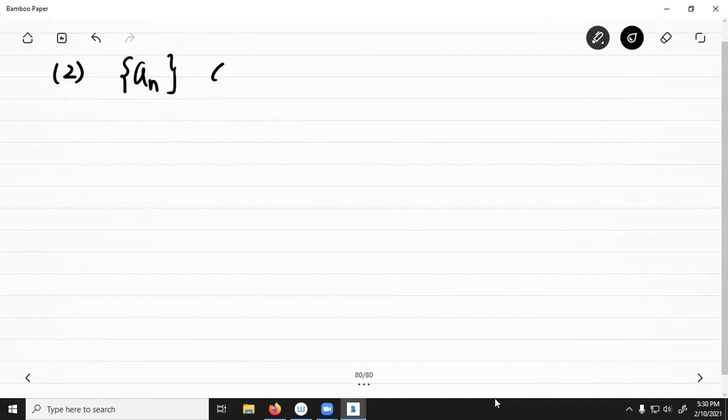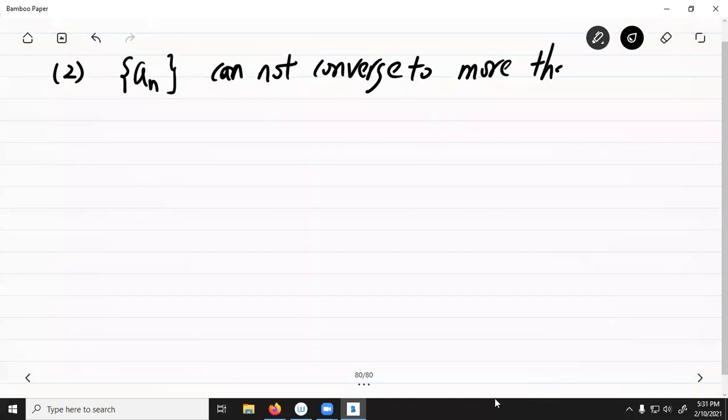So the sequence cannot converge to more than one point. Otherwise, it is not convergent, we have no number we can converge to. If the sequence is convergent, it must converge to one number, one point. So we want to prove this.